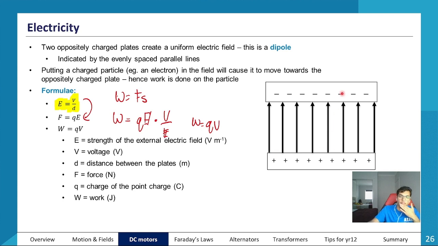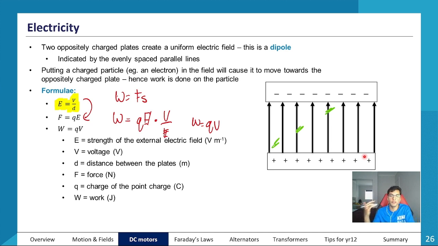The thing about this field that makes it special is that it's considered uniform. And what uniform means is that the strength of the electric field is equal. So it doesn't matter if you're here, or if you're here. The strength of the electric field will always be the same. And if we compare that back to gravitational fields and electric fields, the strength of those two fields really depends on how close or how far away you are from the point.